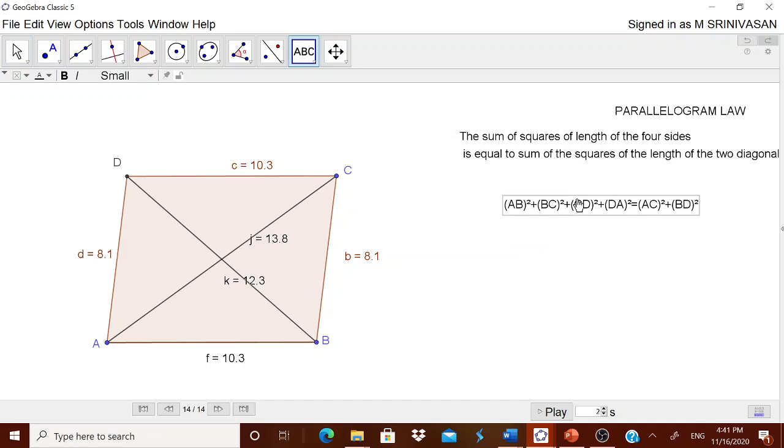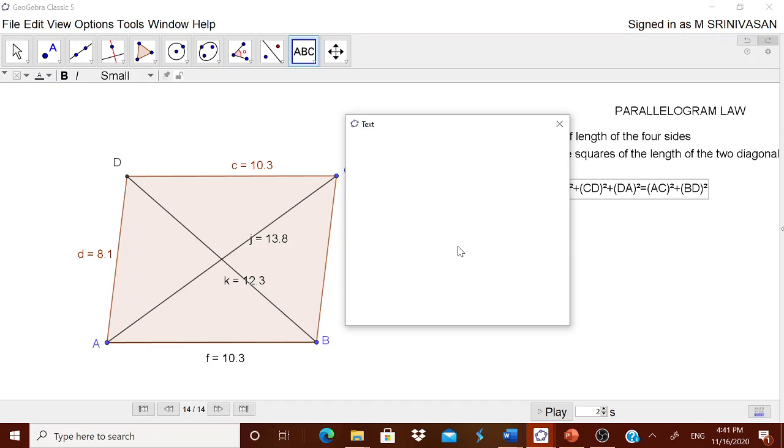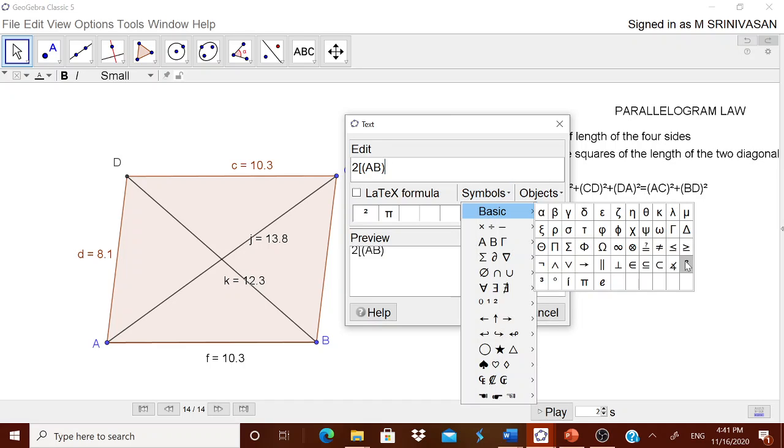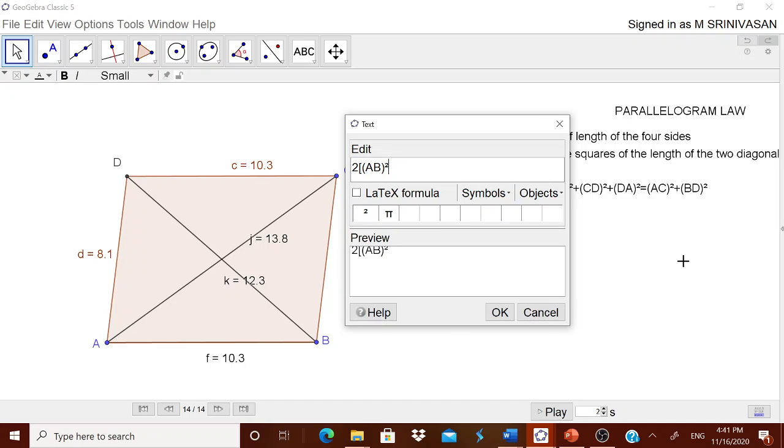Now this is actually 2 times, you know it, because the opposite sides are equal. You can have only AB square, and BC square you can write directly, because BC and AD are one and the same.